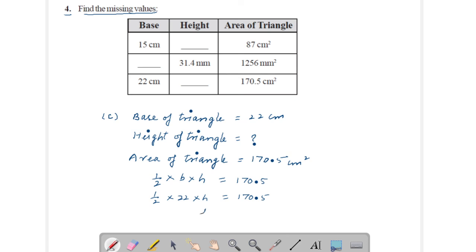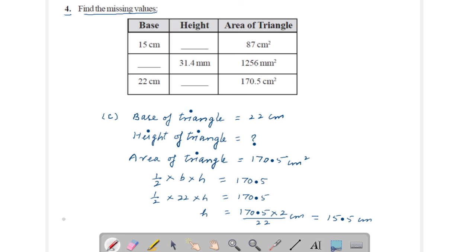H is equal to 170.5 into 2 upon 22 centimeter, and if you solve it, you will get 15.5 centimeter.